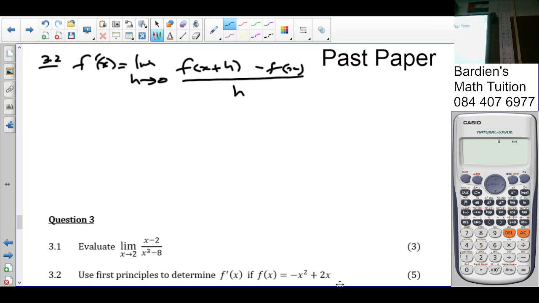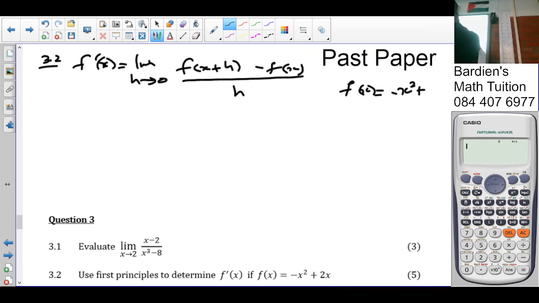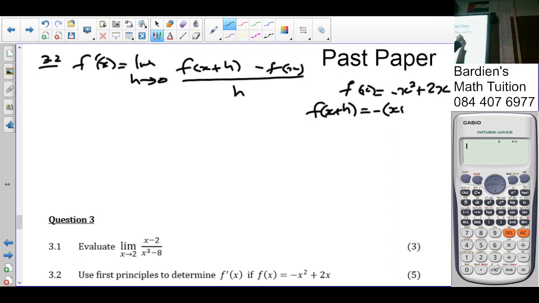If it says by first principle or by definition, this is what I do. Okay. So if f of x is equal to negative x squared plus 2x, then f of x plus h is equal to negative x plus h squared plus 2 into x plus h.